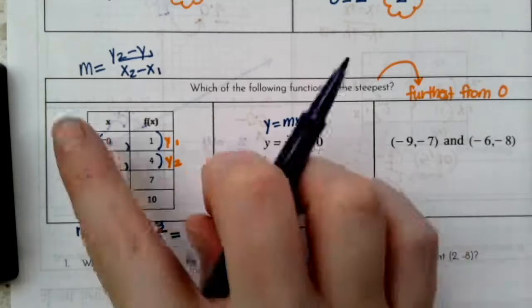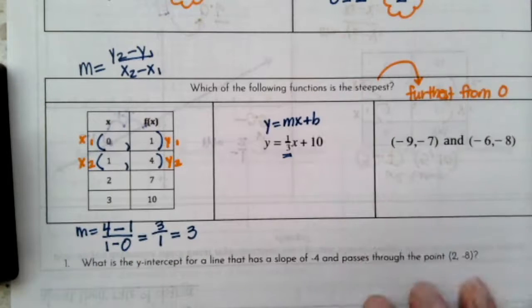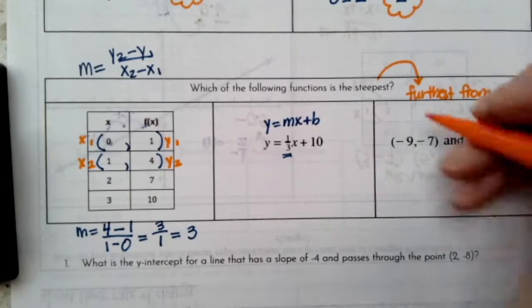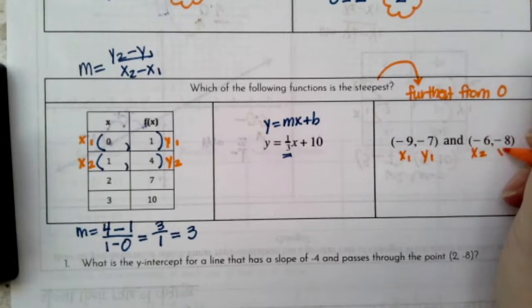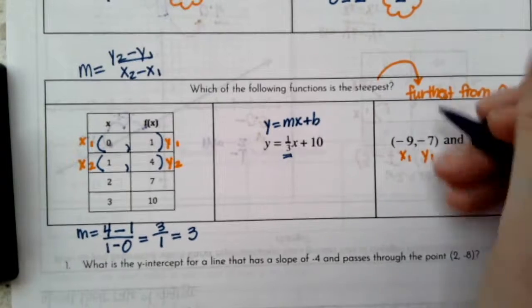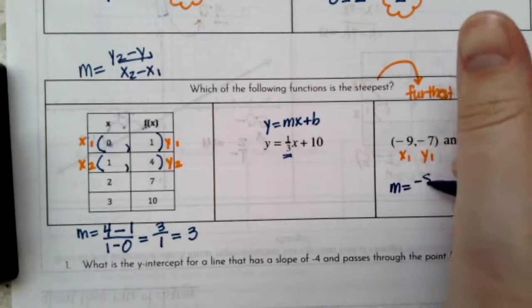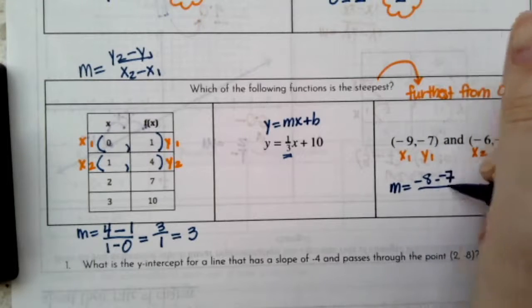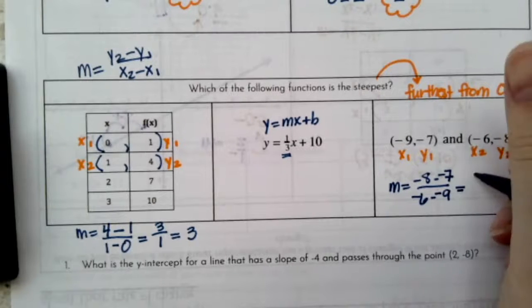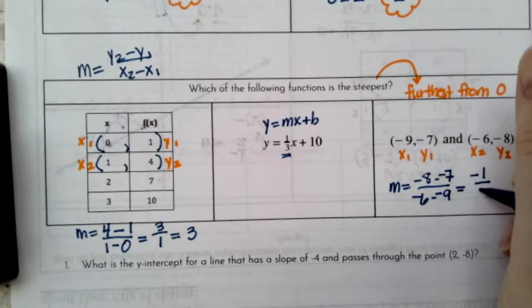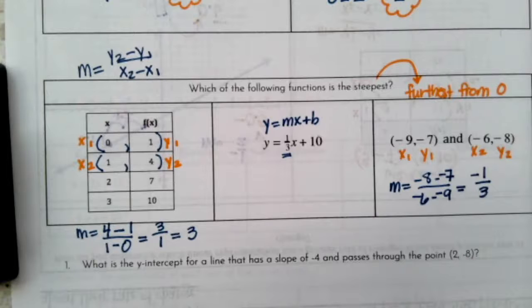And a set of points, again, we're going to use the slope formula, so we're going to want to label and plug them into our formula. And we get negative 1 over 3, so negative 1/3, and that is our slope for that one.